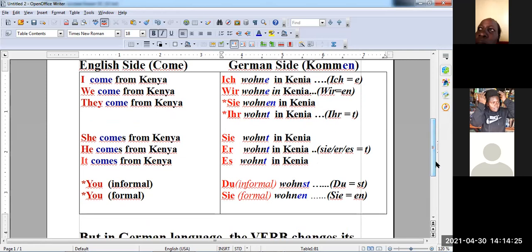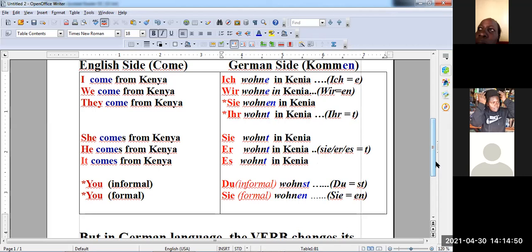From the first verb kommen and from the second verb wohnen? What is not changing? There's something in each verb.